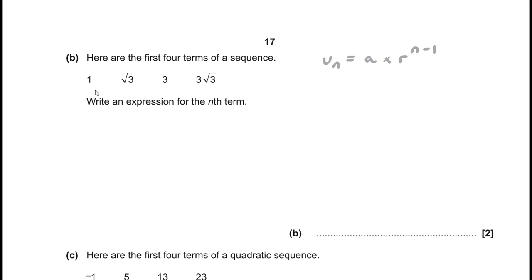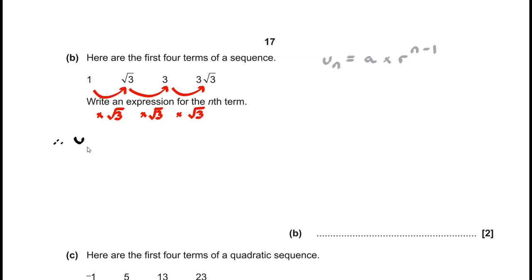Now, do you notice, to go from the 1 to the root 3, we multiply by root 3. From root 3 to 3, again we multiply by root 3. And from the 3 to the 3 root 3, we multiply by root 3. Which means our common ratio is root 3.